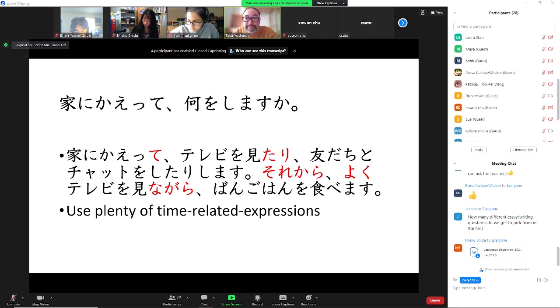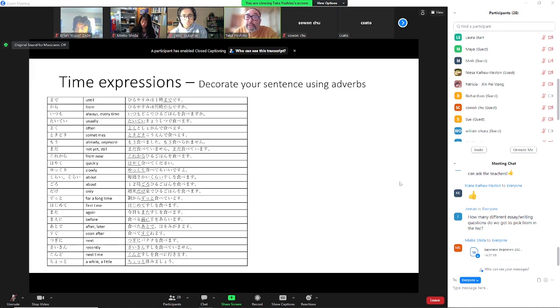The same. Okay? And from my experience teaching Japanese, I've realized there are so many add-on vocabularies like time-related expressions like tari, kara, made, gurai ni. There are so many. So use these vocabulary to decorate your answer.